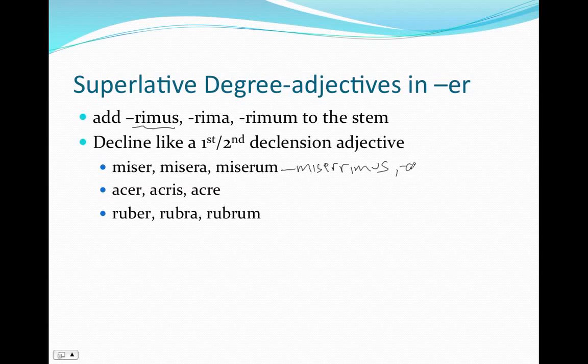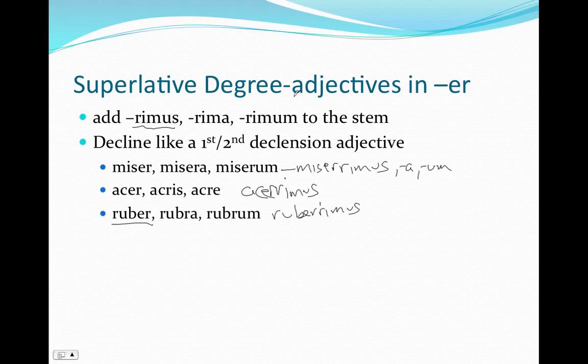Acer, the stem acer, acerrimus. Or ruber. Notice we're taking the nominative to form these. Red, and so the reddest would be ruberrimus.